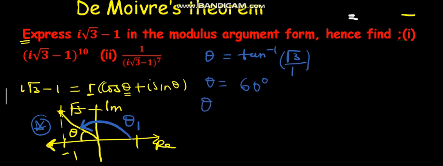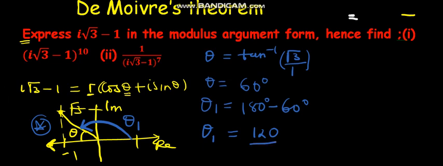So θ1 will be 180 degrees minus 60 degrees, so θ1 is equal to 120 degrees. If we need to convert it to radians, we multiply by π and divide by 180. So θ1 will be equal to 2π out of 3.